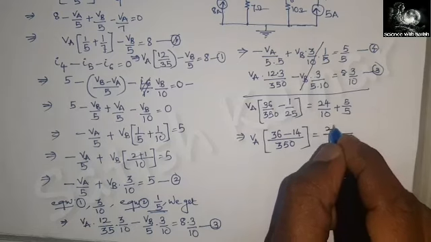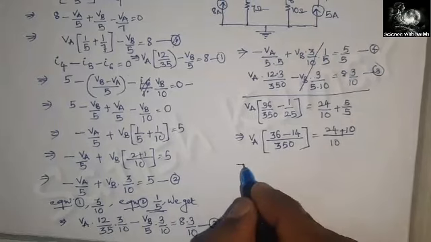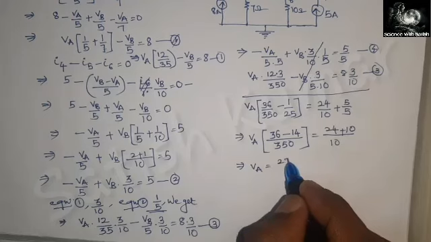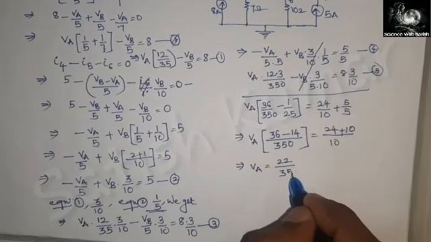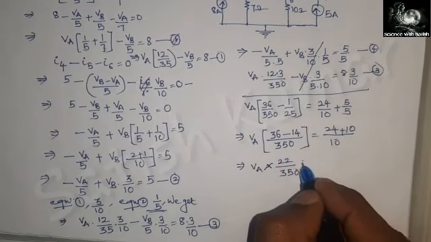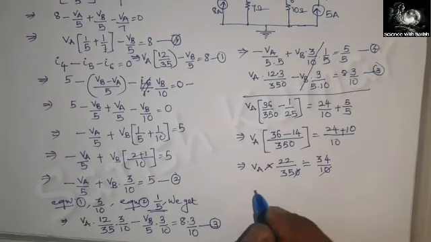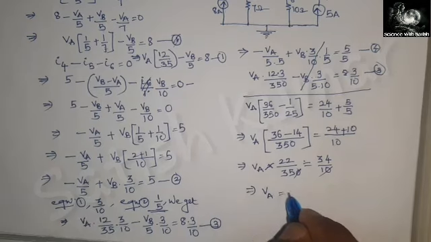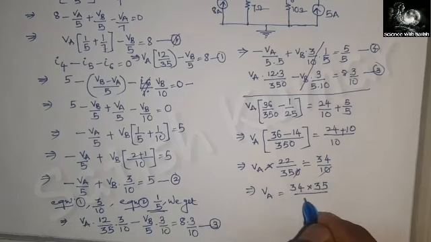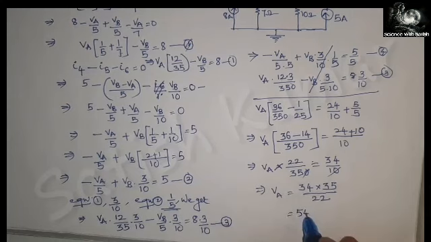So, this is 24 plus 5, 10, which implies VA into 22 by 350 is equal to 34 by 10. This 0 gets cancelled, implies VA is equal to 34 into 35 by 22. VA is equal to 54.09 volts.